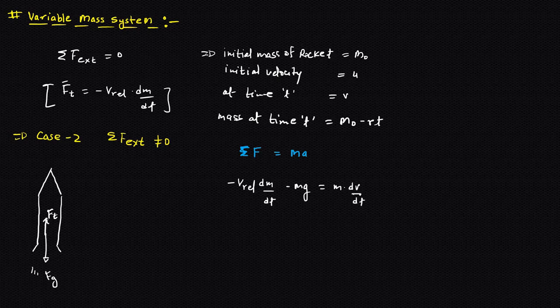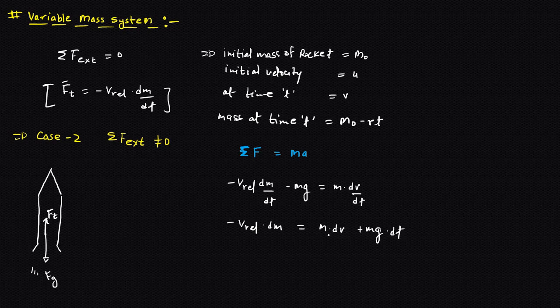Now we multiply this equation with dt and move the term to the right side. So we can write V relative into dm equals m into dv plus mg into dt.